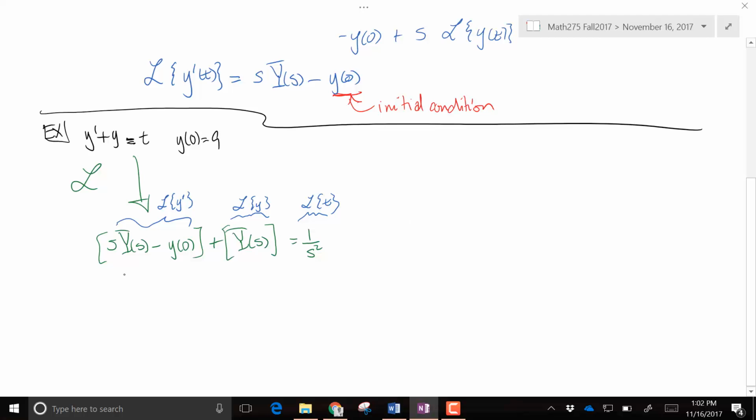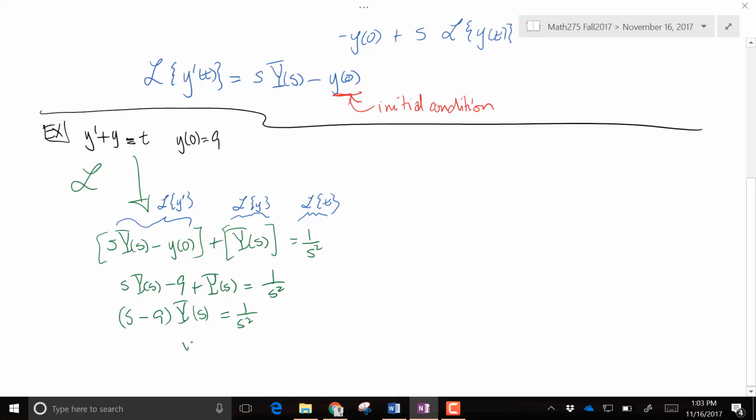In the Laplace world, we have s Y of s minus 9 plus Y of s is equal to 1 over s squared. Shake off your algebra brains here. We got s minus 9 Y of s is equal to 1 over s squared.